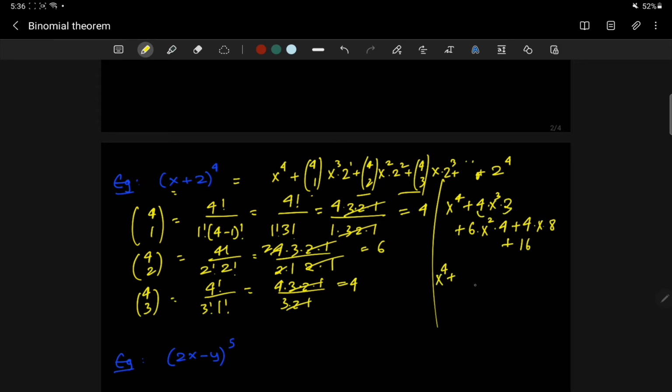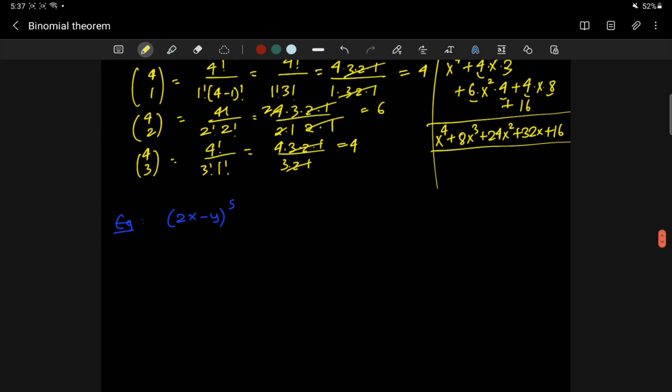This is going to be 4 times 2 is 8x cubed, 6 times 4 is 24x squared, 4 times 8 is 32x plus 16. So for x plus 2 all raised to power 4, you do not have to FOIL everything out 4 times to find it. You can use the binomial theorem.